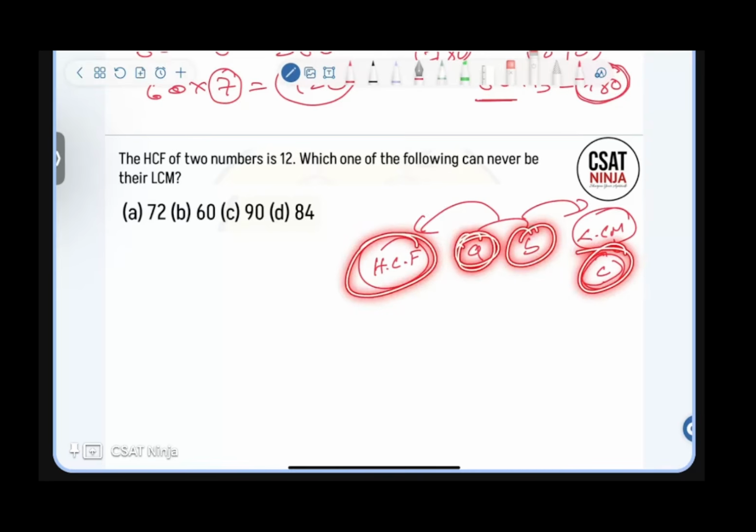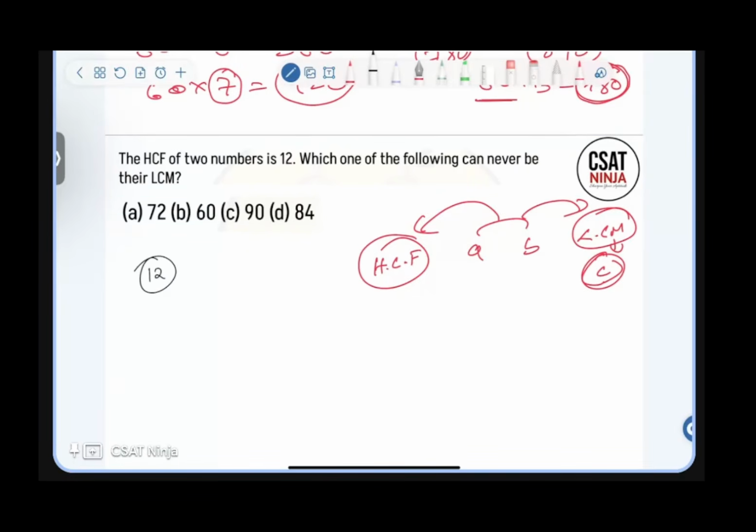That means the LCM, C, of A and B will be a multiple of the HCF only. So the HCF can divide A, B, and C. In other words, the numbers and the LCM will be multiples of that HCF. So we're going to approach this question that way. You have 12 here, and you are asked to find which one of the following can never be the LCM. The question can also ask this way: which of the following can be the LCM? And you will just change the options here.